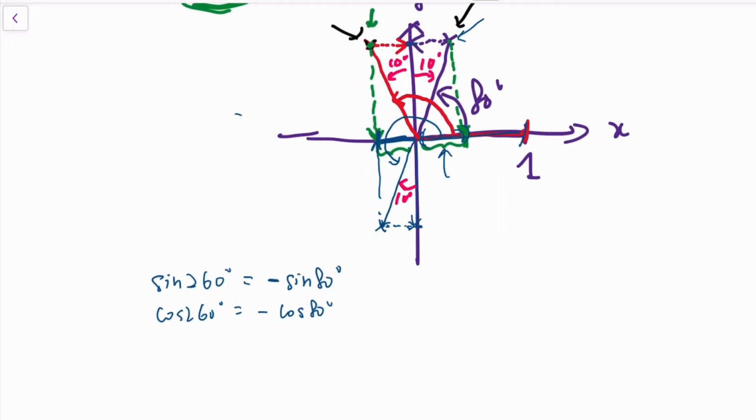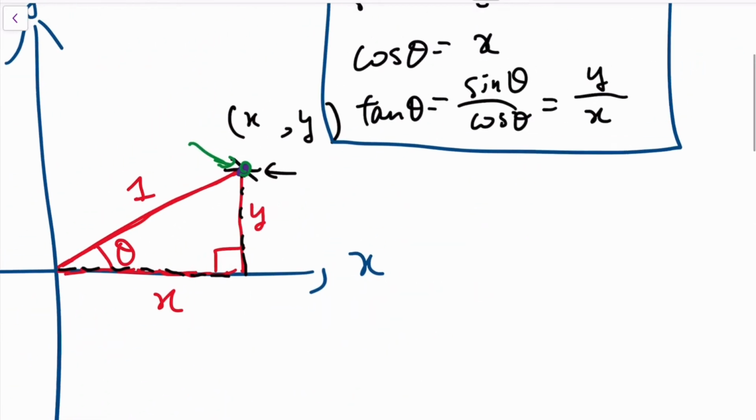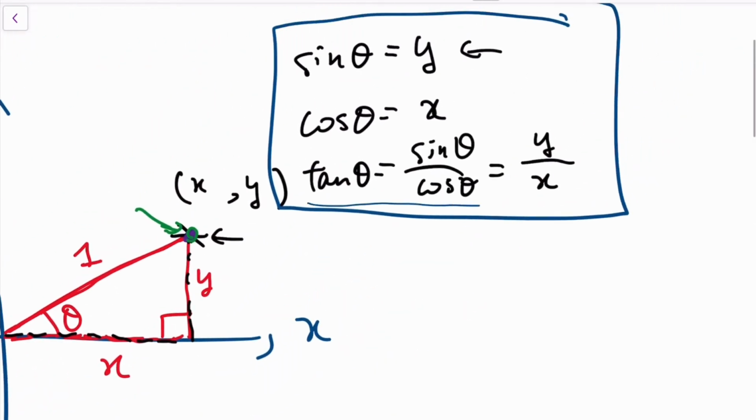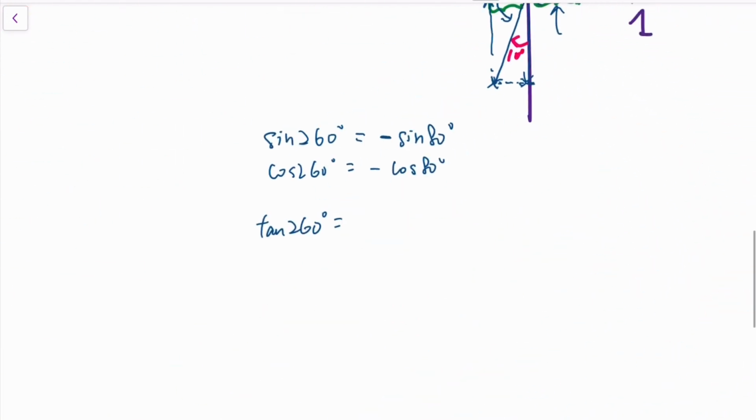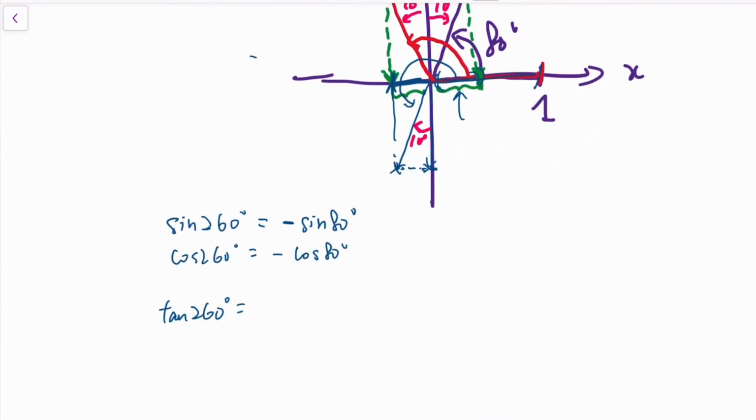So far we haven't talked about tangent. Now, according to our definition so far, I defined tangent to be sine over cosine. So tangent 260 is supposed to be sine 260 over cosine 260. As a matter of fact, you may have seen this before.